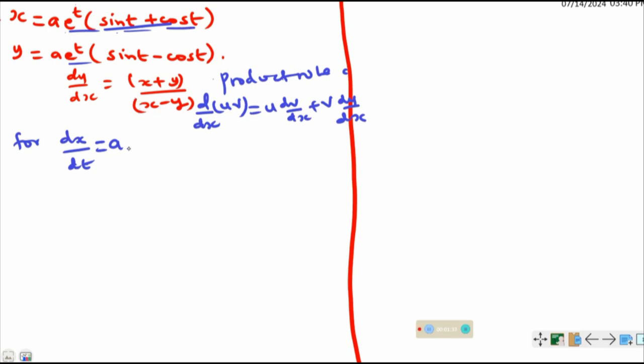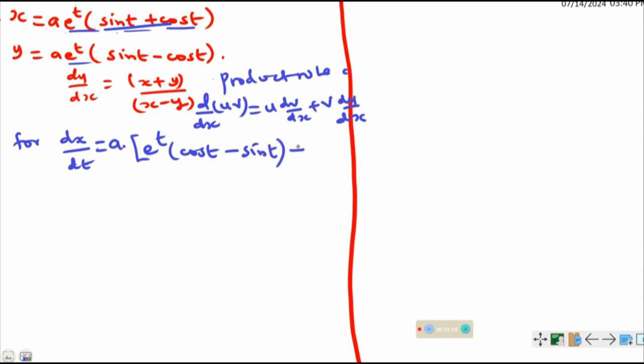So we shall have a, multiplied by e to power t, then we differentiate sine of t plus cos of t. When you differentiate sine t, you get cos of t.